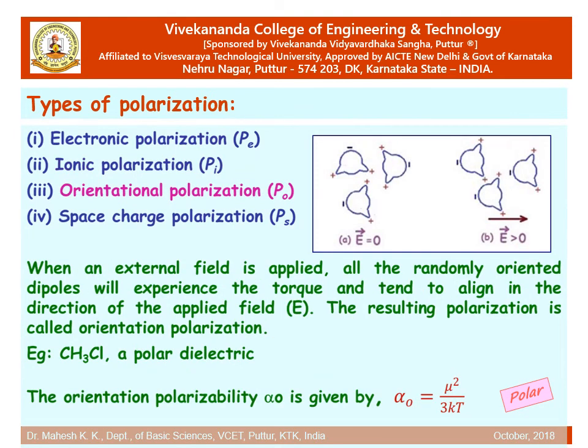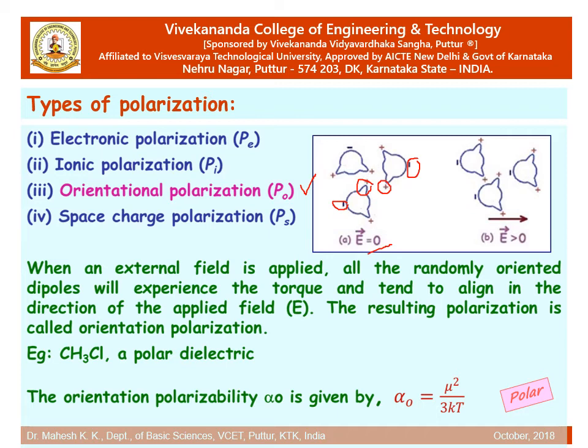Next is orientational polarization. Here the atoms or molecules are going to rotate in the direction of the applied electric field. Here is E0 and you see they are randomly oriented. This atom or molecule is positive at this end and negative at the other end, just a representation.